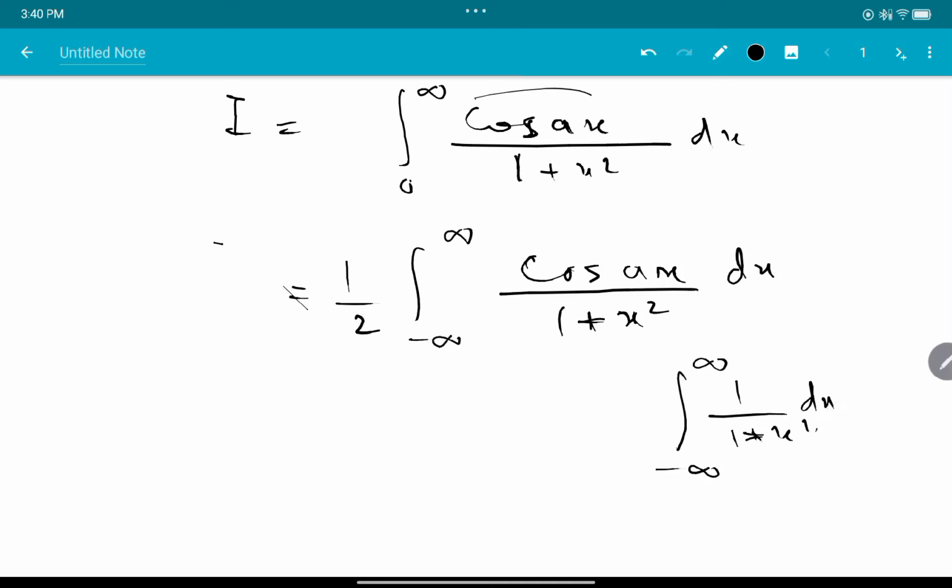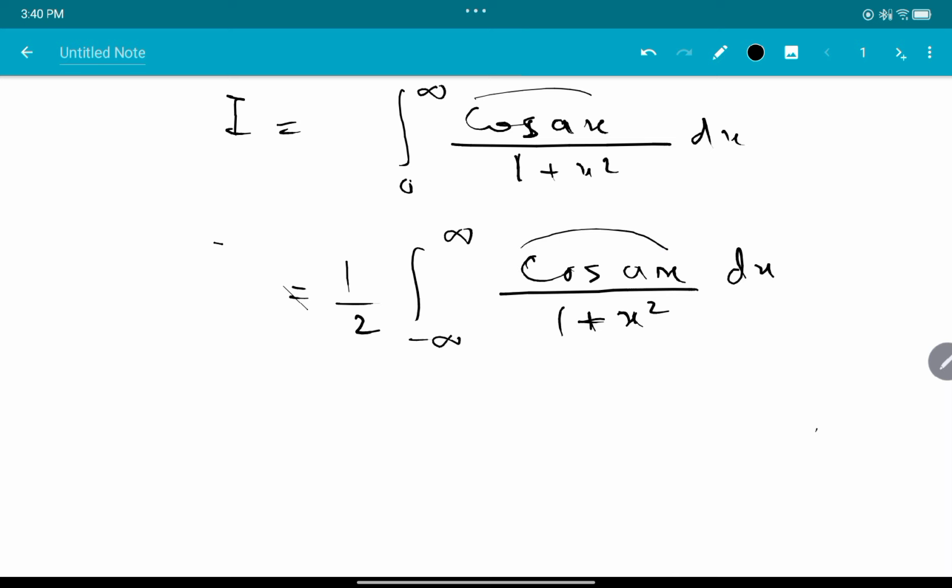Now we have cos ax in the numerator. How do we solve this? Such integrals which have cos ax or sin ax in the numerator usually demand that they should be handled through their exponential equivalents.